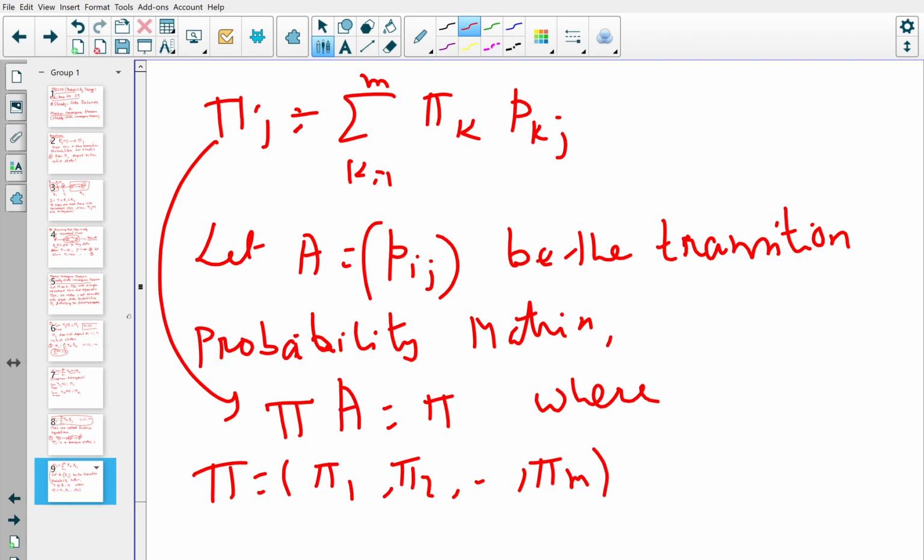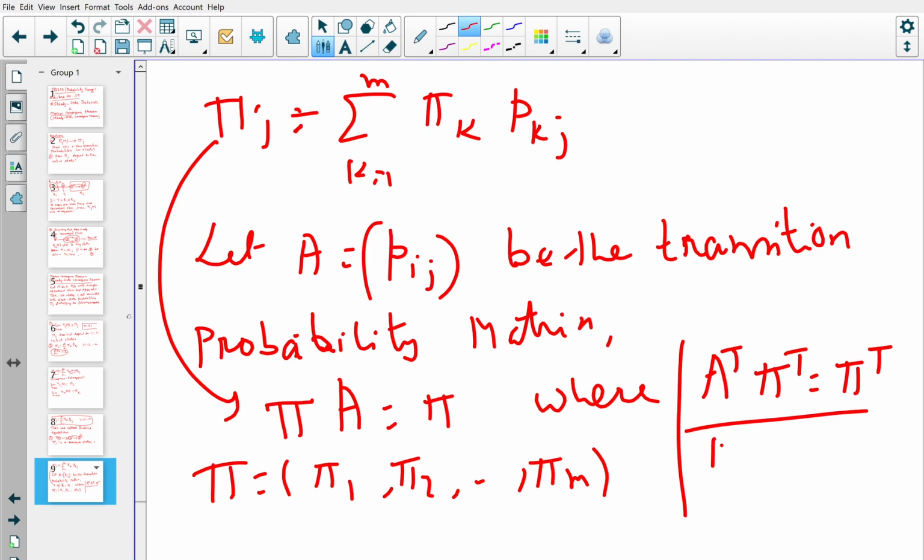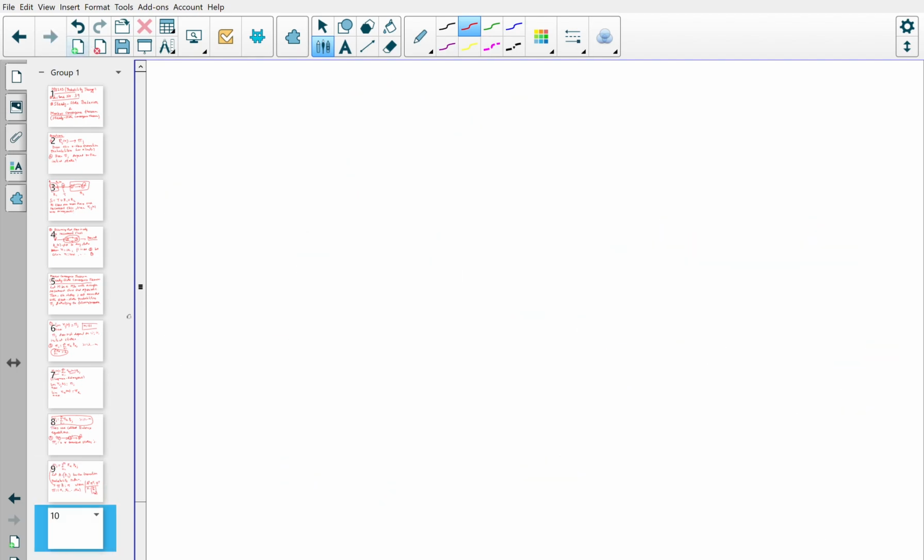Or you can write in the complementary sense, A transpose times pi transpose equal to pi transpose, where pi transpose is the column vector pi 1, pi 2, and so on. It doesn't matter, you can write it this way or that way. Now you see that the entries of the matrix A are non-negative.